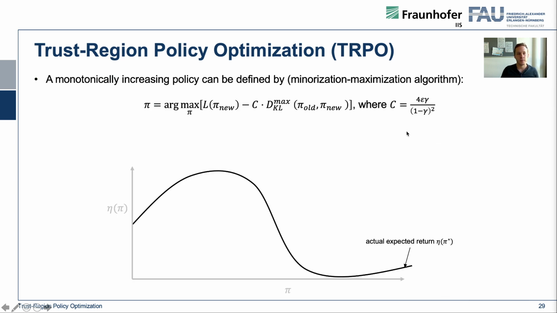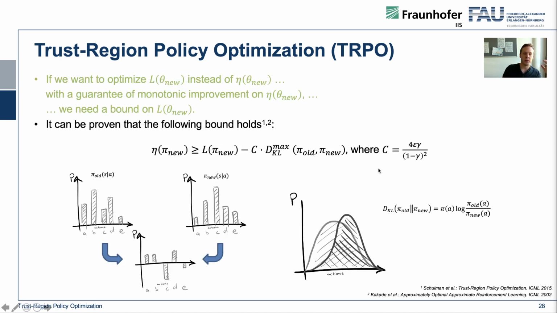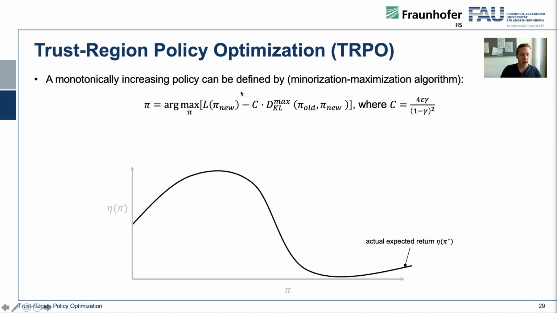What we want to find for this function is the parameter, or our policy pi, that maximizes this function, given the constraint that our KL divergence is bounded to some degree so that our monotonic improvement still holds. So we want to find the set of parameters for our policy pi that maximizes this objective function.